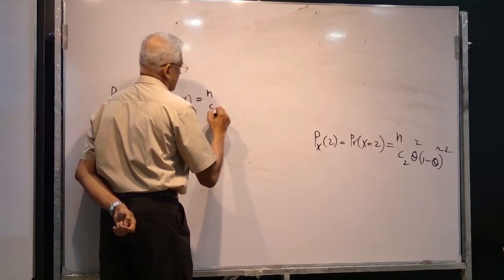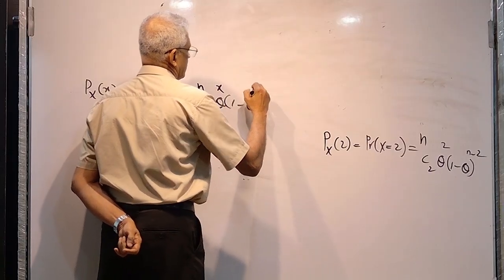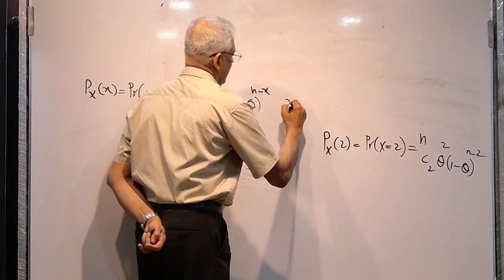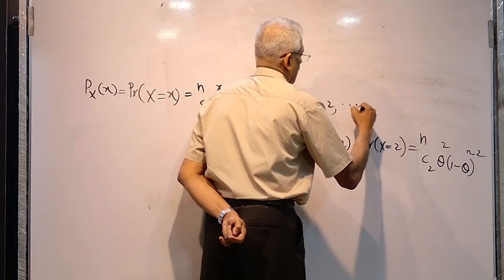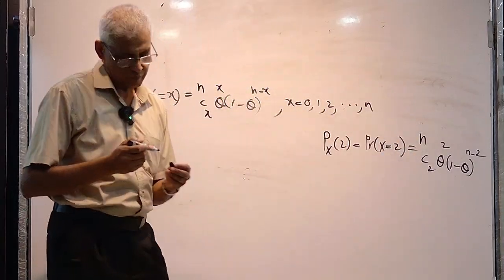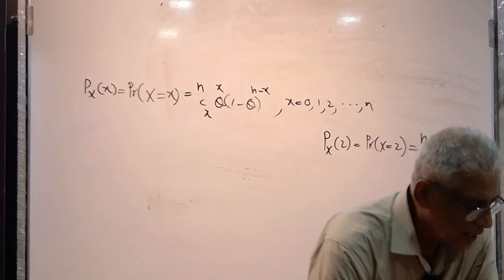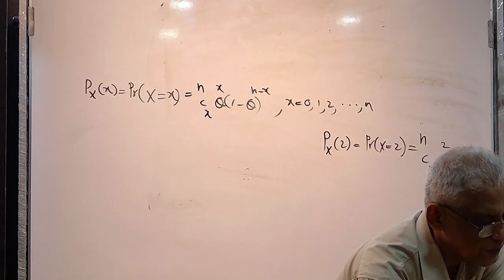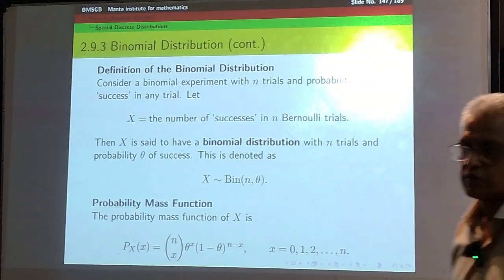So this is nCx theta to the power x, 1 minus theta to the power n minus x, where x can be 0, 1, 2 up to n. That is the probability mass function of a binomial random variable with n and theta.